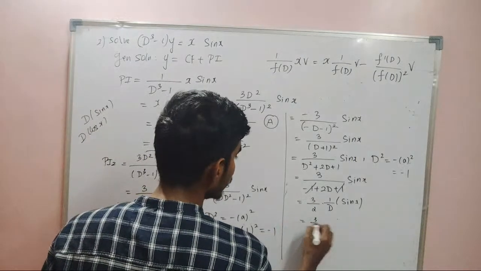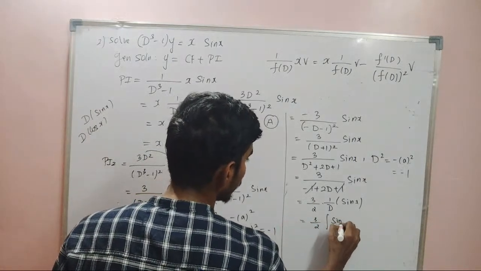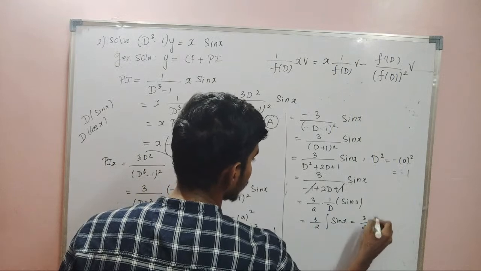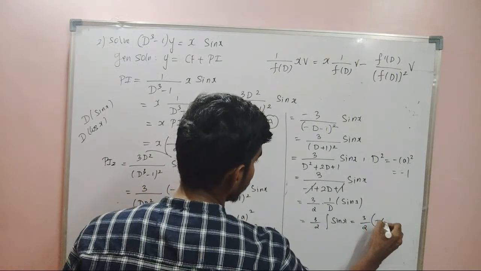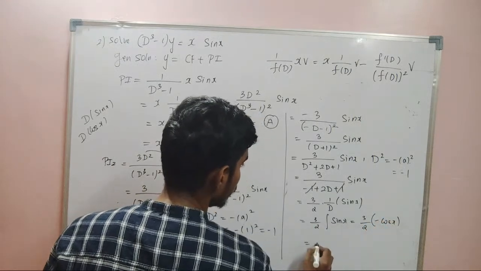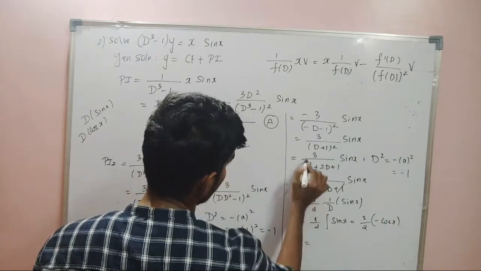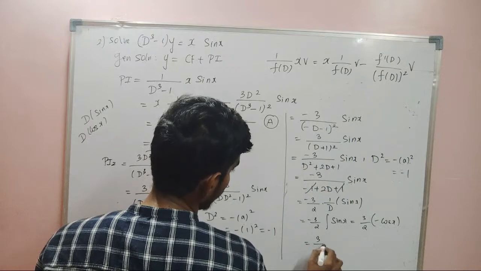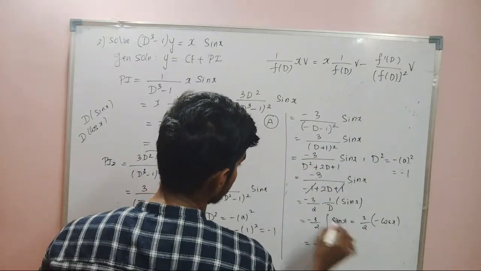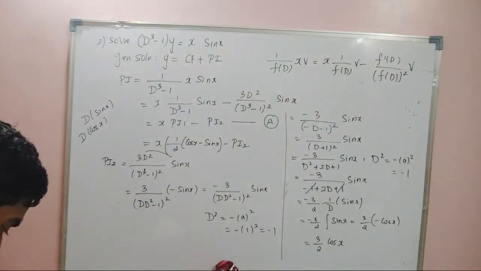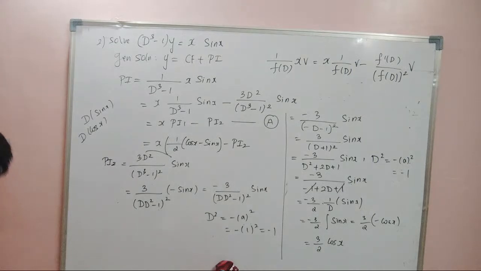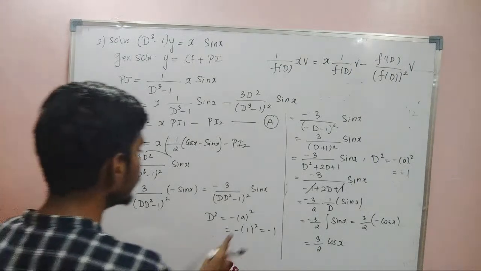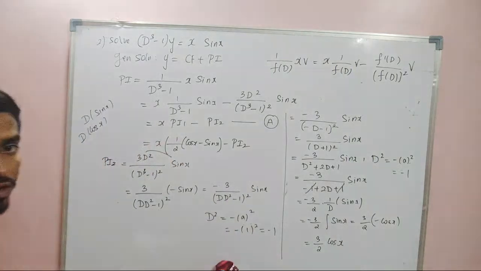This will be 3 by 2 integration of sin x. So 3 by 2 integration of sin x is minus cos x. Here we have minus, minus, so this will be plus 3 by 2 cos x. So PA2 turns out to be 3 by 2 cos x, right?